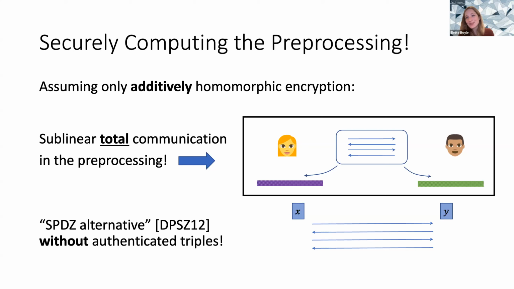But in the offline phase, roughly for SPDZ and such, you need these authenticated Beaver triples. Sorry for those who don't know what this means, but the cost of generating those ends up being quite expensive. And roughly what we can do is do it just with the semi-honest triples, plus a little bit of stuff on top, which uses this additively homomorphic encryption, but in sublinear amounts.